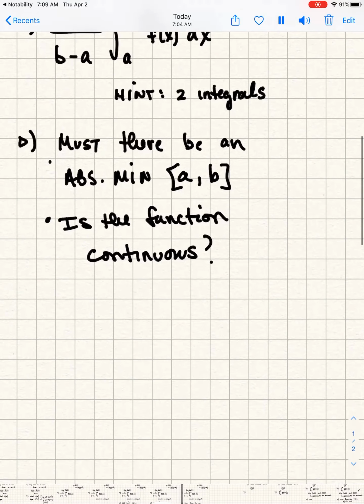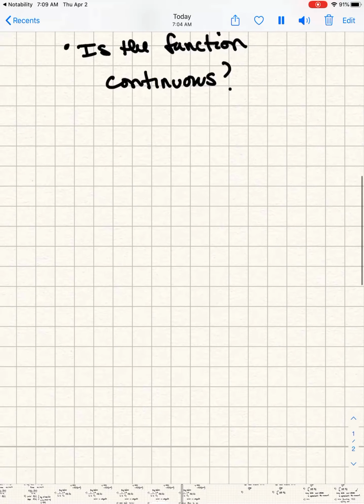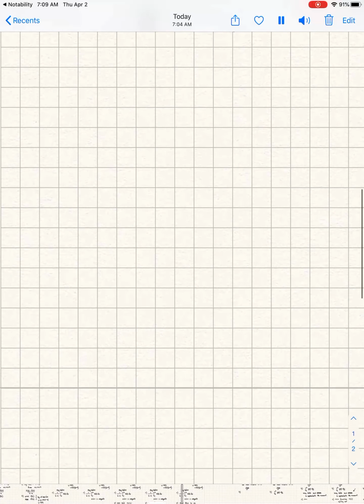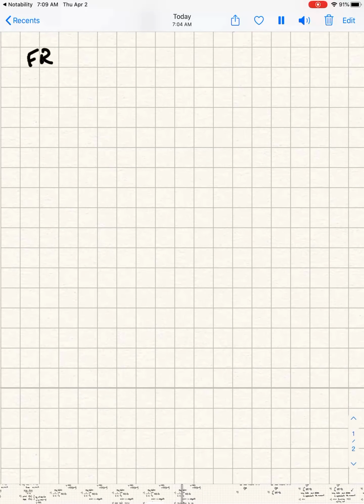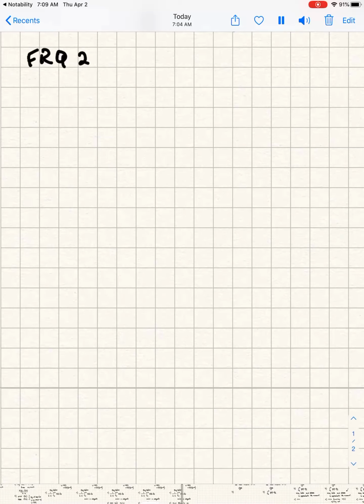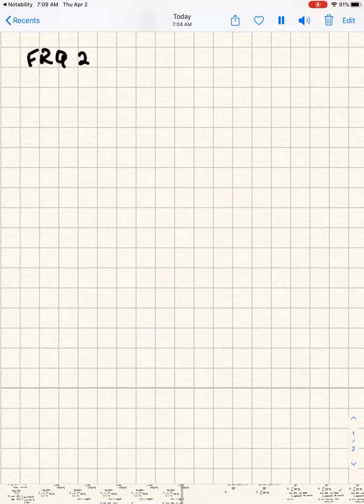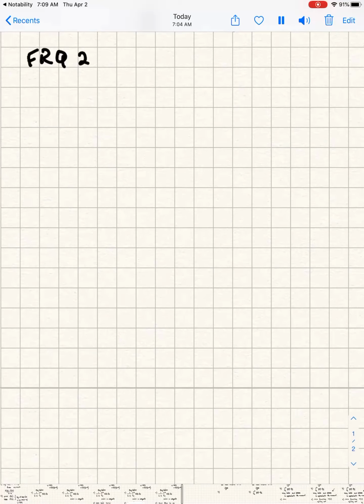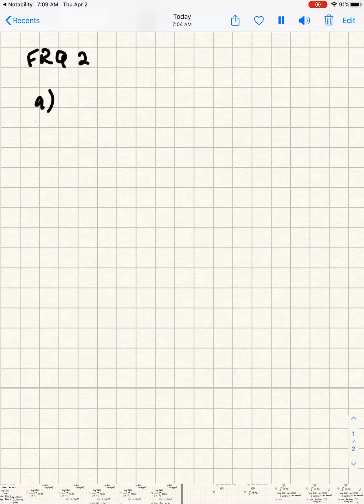All right, on the second question, the second free response on this task. In the first one, you're given a table, and you want to find the derivative at a given value.